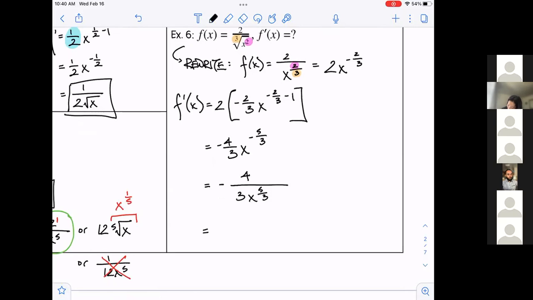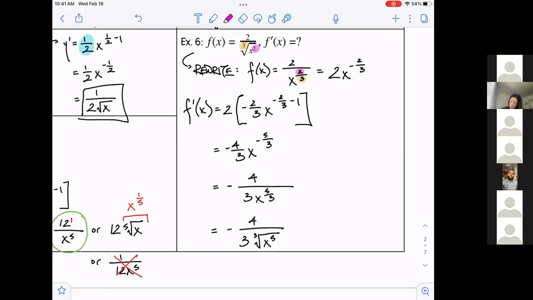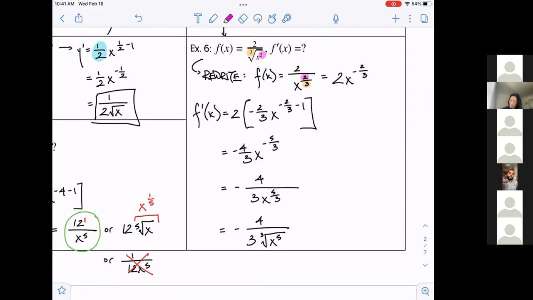And then my last step is now to turn this back into a radical. I'm going to put the 5 on the inside and a little 3 on the outside. Okay. So we always do exactly what the function originally asked us for? Like put our answer that way? Yeah, that's a really good way to approach things. If you get asked the question in a certain way, make sure you answer it in that certain way.